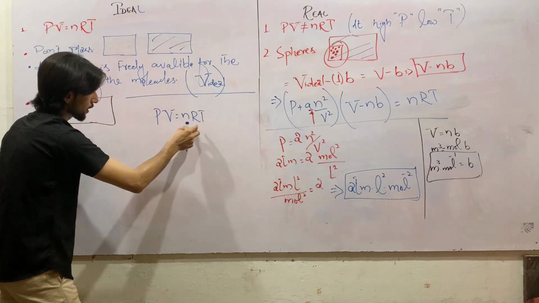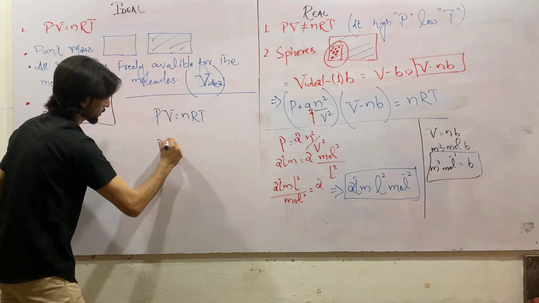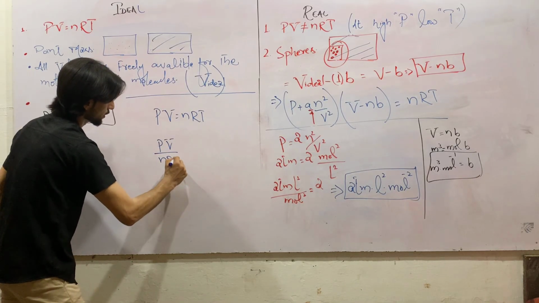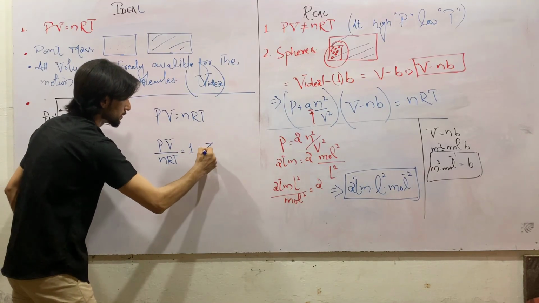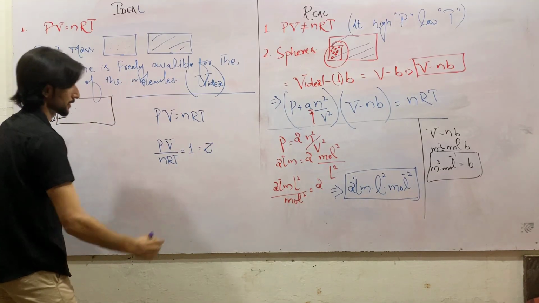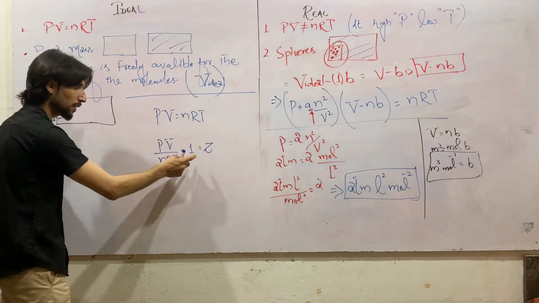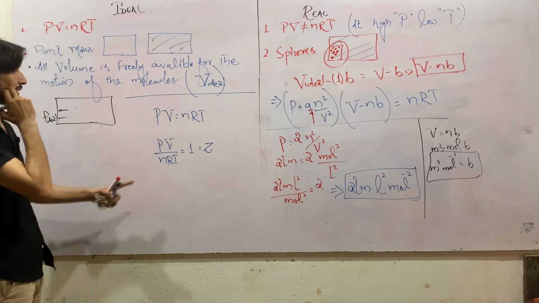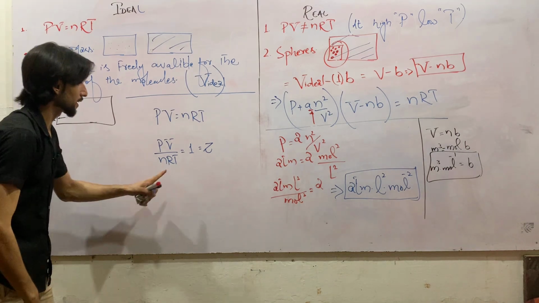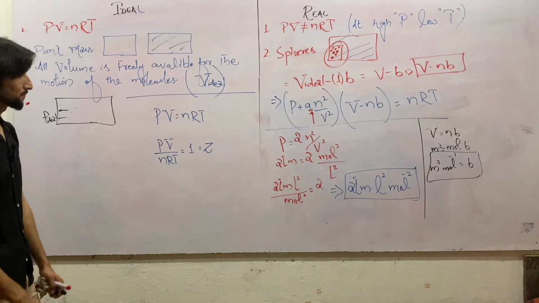These all terms would come to the denominator, and I would get PV over nRT equal to 1. And this I call the compressibility factor. I represent it by Z. So if PV equals nRT, I will get 1 from this equation, and for that gas, I will have a compressibility factor equal to 1.